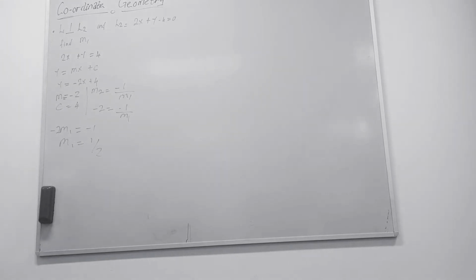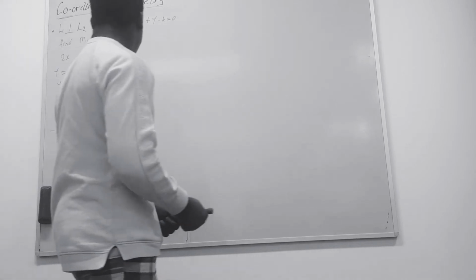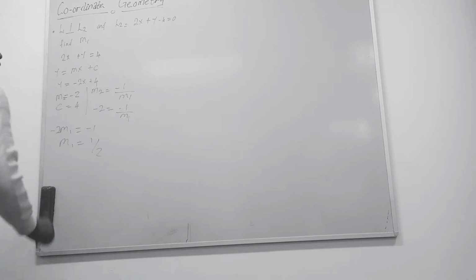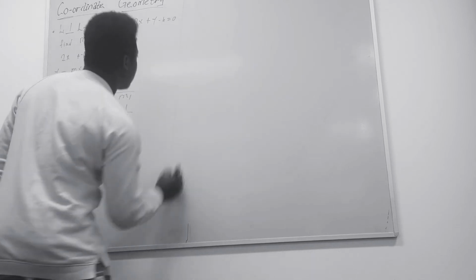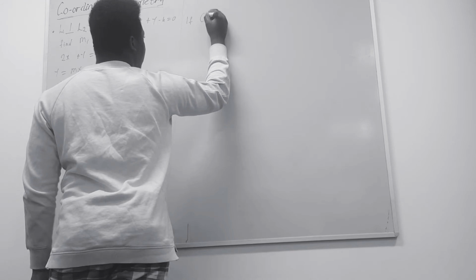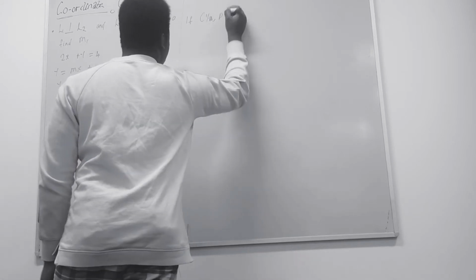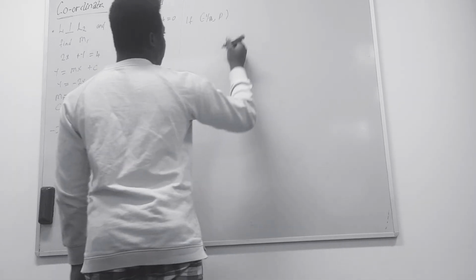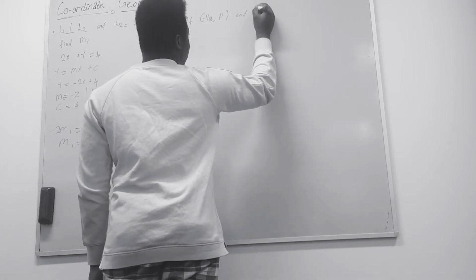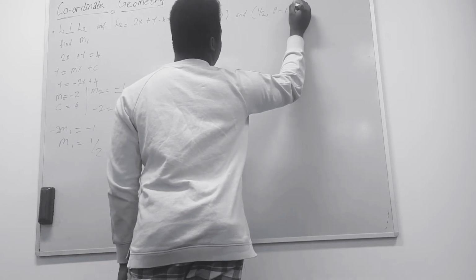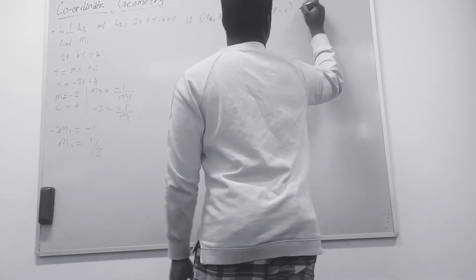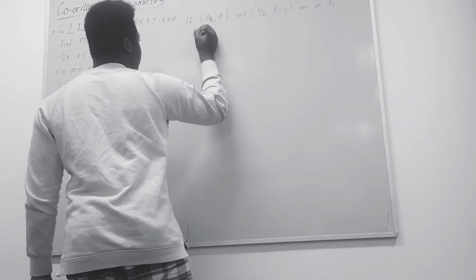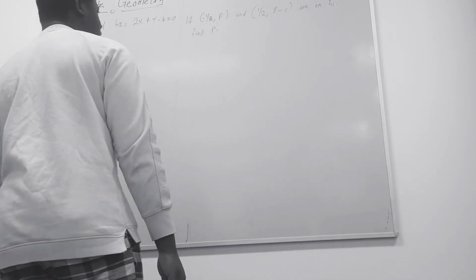And the other question is as follows. If these points, negative one-third of P and P, and half and P minus 1 are points on L1, find P. Okay, so we know two things.